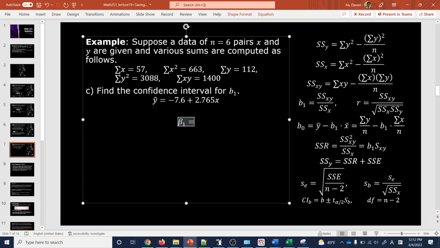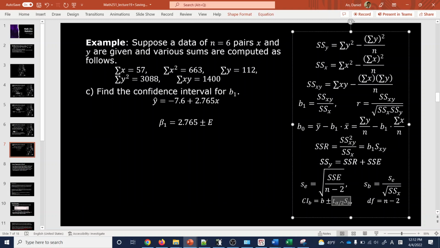So if we are aiming for the true beta 1, then it will be 2.765 plus or minus some error, right? But how do you get that error? Well, it's this one. That's the error.